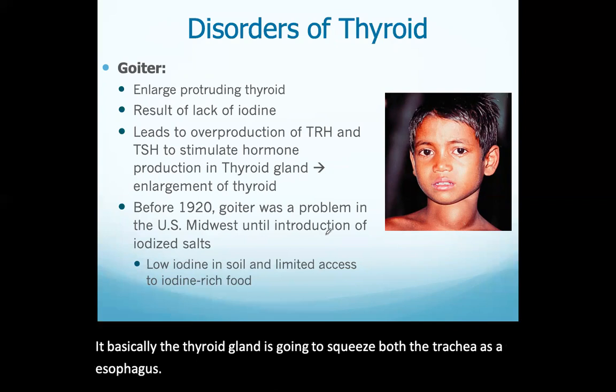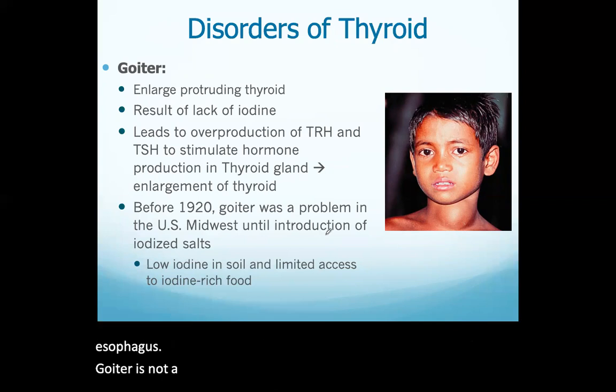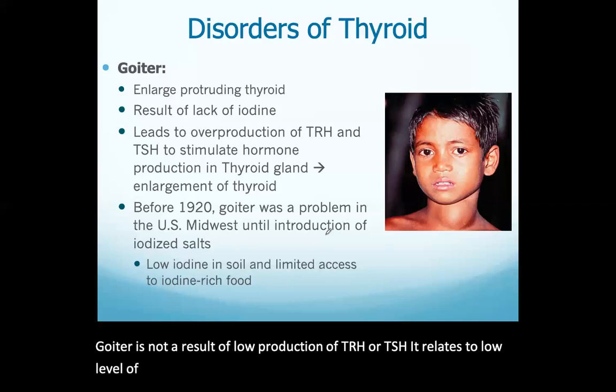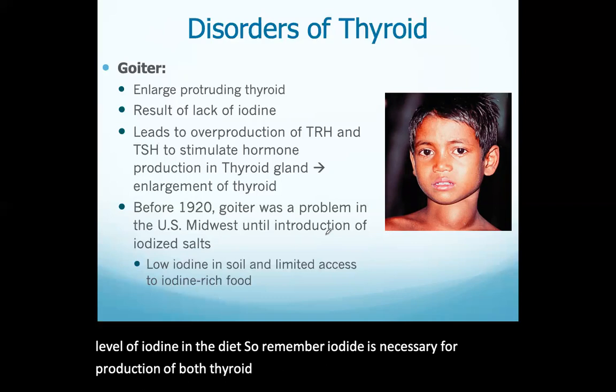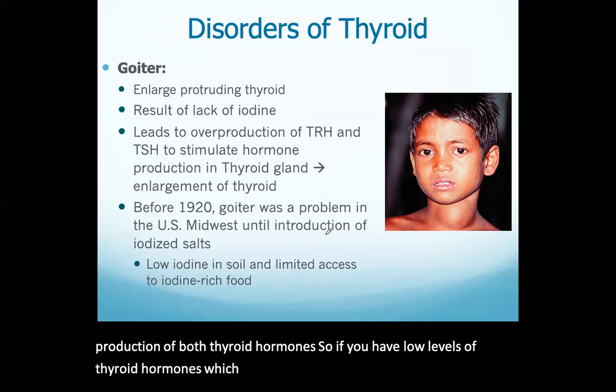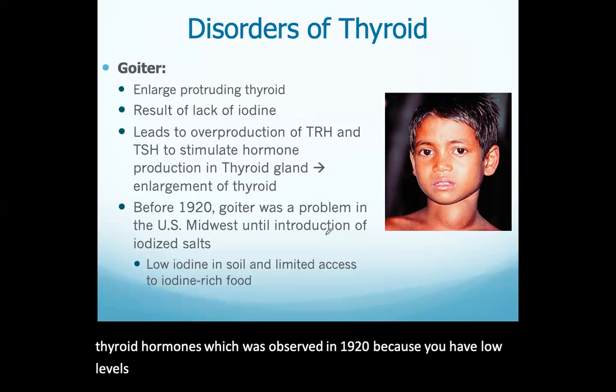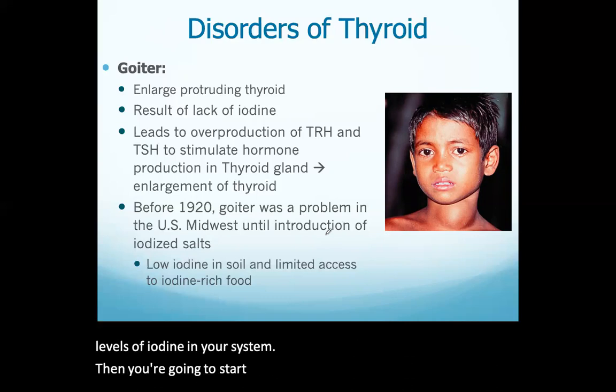Now, goiter is not a result of low production of TRH or TSH. It actually relates to a low level of iodine in the diet. Remember, iodine is necessary for production of both thyroid hormones. So if you have low levels of thyroid hormones, which was observed in 1920, because you have low levels of iodine in your system, then your goiter starts to get enlarged.